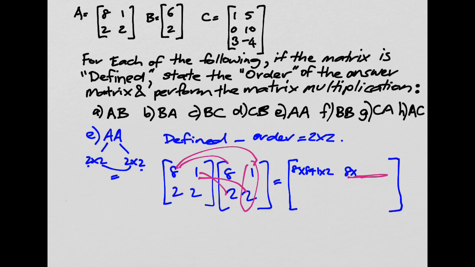Now let's work with the bottom row. So we've got 2 times 8 plus 2 times 2. And then lastly, multiplying out by the second column, we've got 2 times 1 plus 2 times 2.